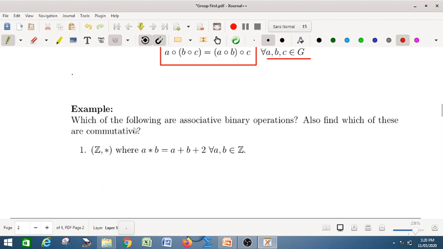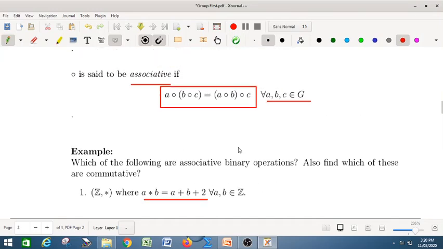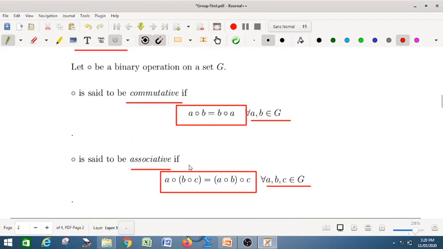Now let us have an example. Suppose (Z, star) is the operation on Z defined by A star B is equal to A plus B plus 2 for all A, B belongs to Z. Let us see whether the binary operation is commutative or associative.